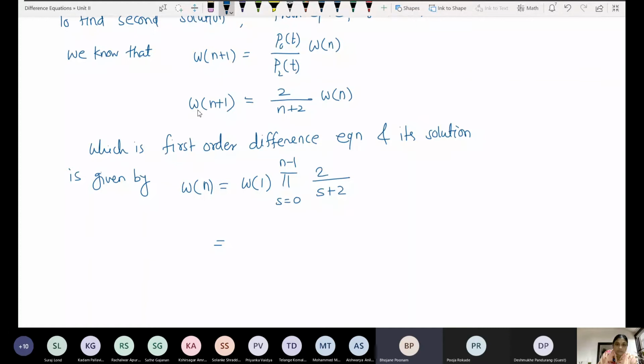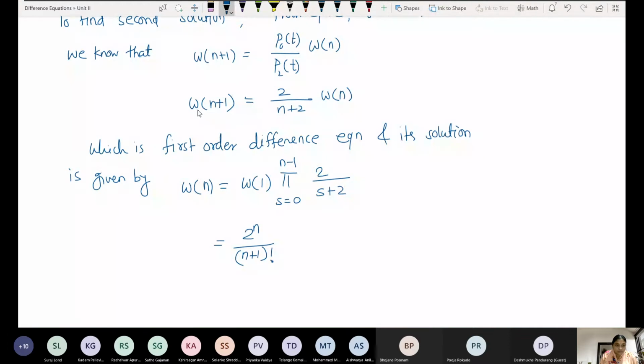So it will be 2 raised to n upon n plus 1 factorial. So W of n is nothing but 2 raised to n upon n plus 1 factorial.